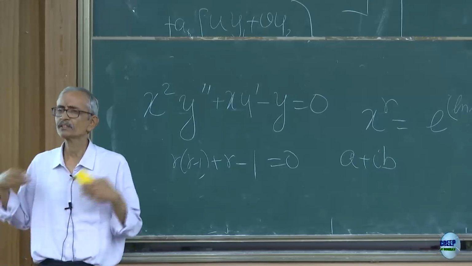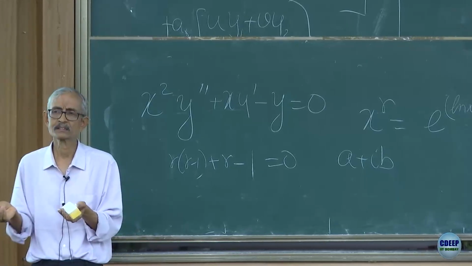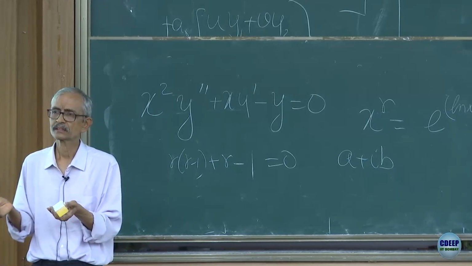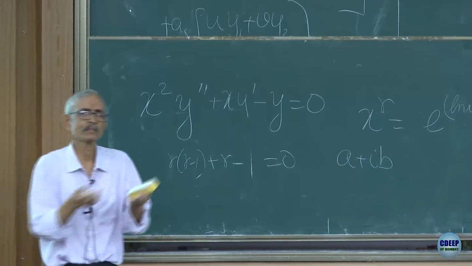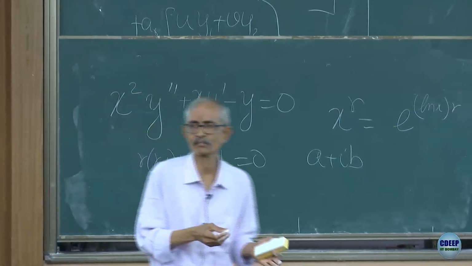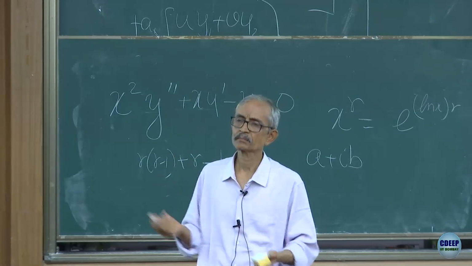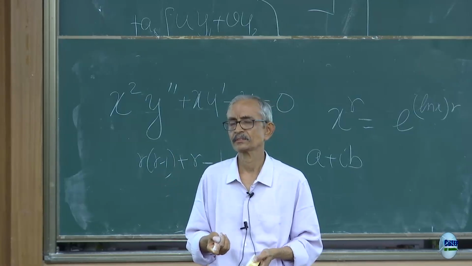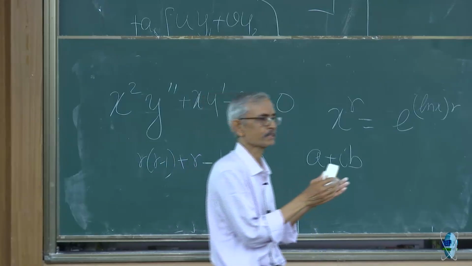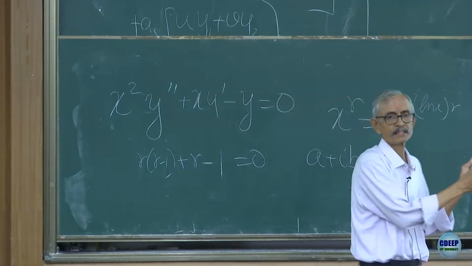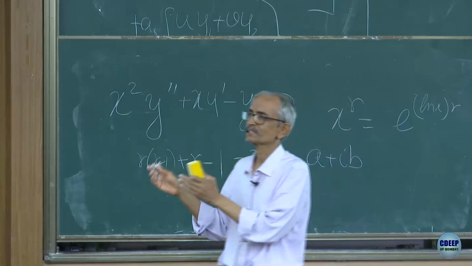Why are we obsessed with this e to the power? Why am I wanting to put this in the e to the power form? So that you can write it in terms of sines and cosines. Because we have said in the past that e to the power of i theta is cos theta plus i sin theta.